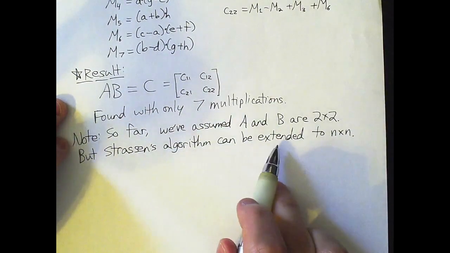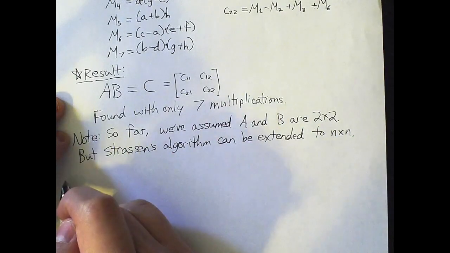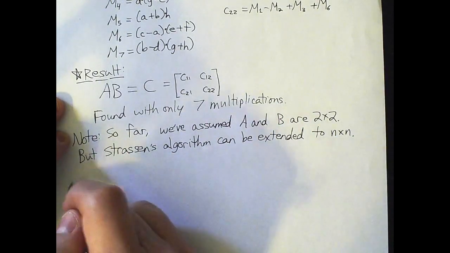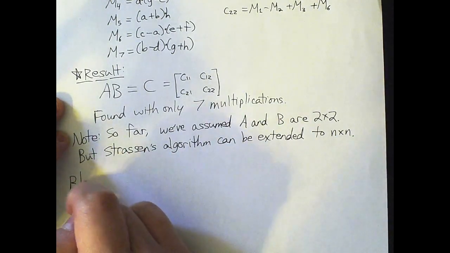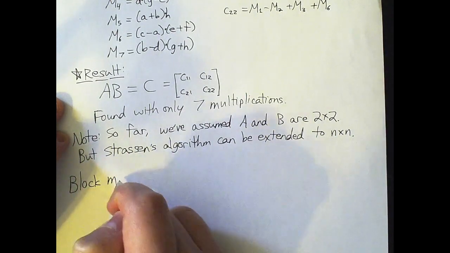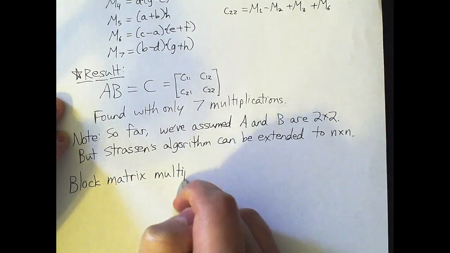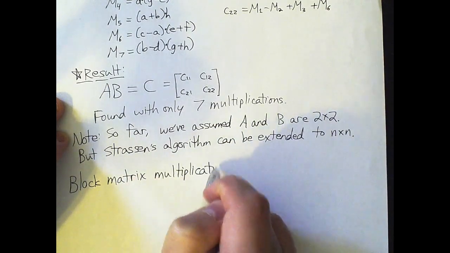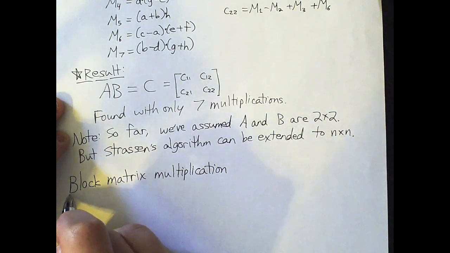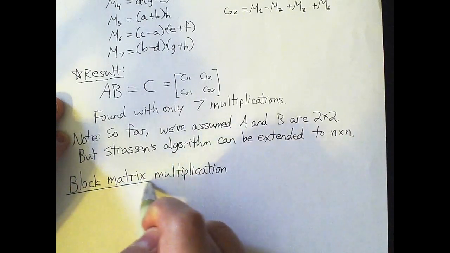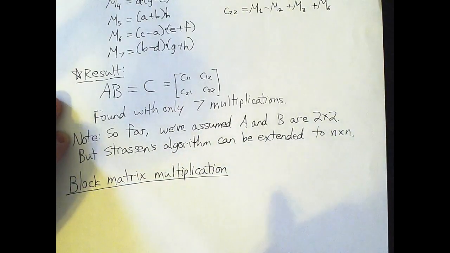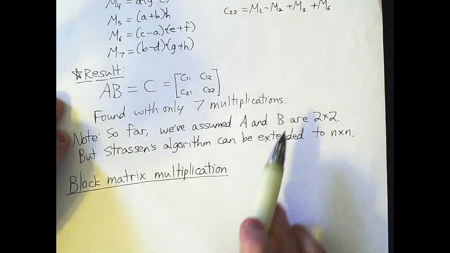So in order to extend this idea to the larger cases, we're going to use a concept called block matrix multiplication. Block matrix multiplication is something we haven't talked about yet in this course, and it actually has other uses as well, but it's going to help us here for what we're trying to do.